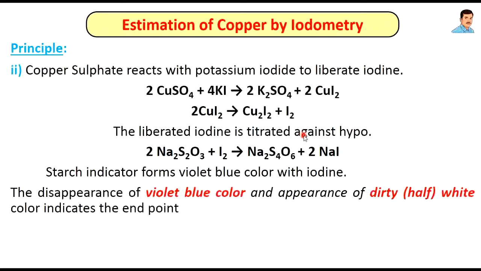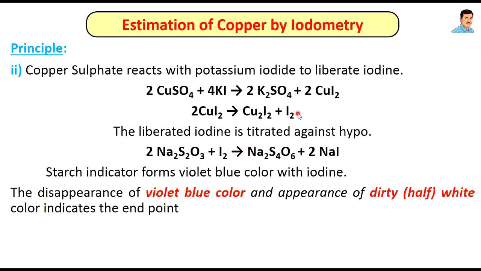Then the estimation of copper principle. Copper sulfate solution is titrated with the hypo solution. Here copper sulfate oxidizes potassium iodide and finally liberates iodine. The reactions are 2CuSO4 + 4KI gives rise to 2K2SO4 + 2CuI2. 2CuI2 gives rise to Cu2I2 + I2.